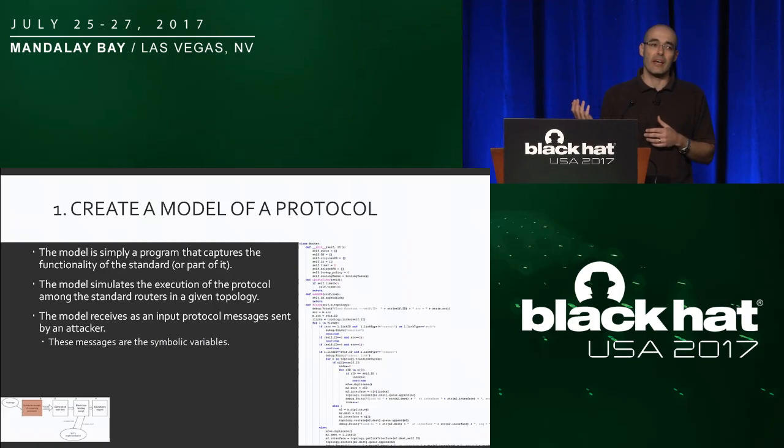Now you can write your own network model from scratch. This is what we have done for the OSPF case. But you can also take another open source implementation of the protocol. This is what we have done in other cases for the research, which I will not detail. And we can call this open source implementation our model.